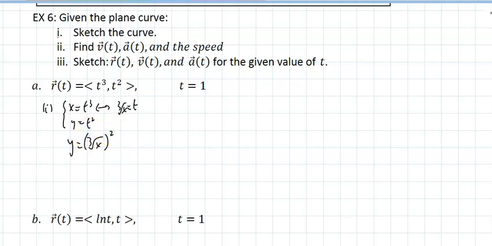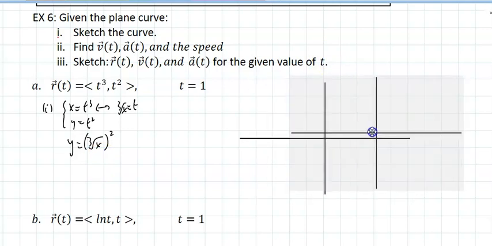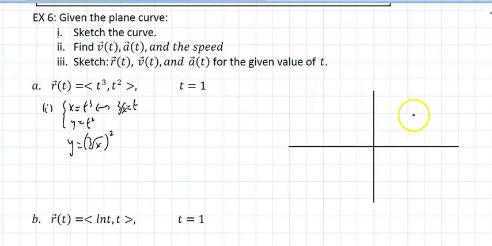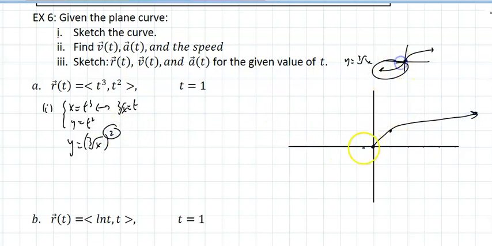By the way, in case you're not familiar with that, y equals cube root of x is a graph that looks like a radical and minus that, through (0, 0), (1, 1). And the square will take that negative and reflect it. That's what the graph looks like.